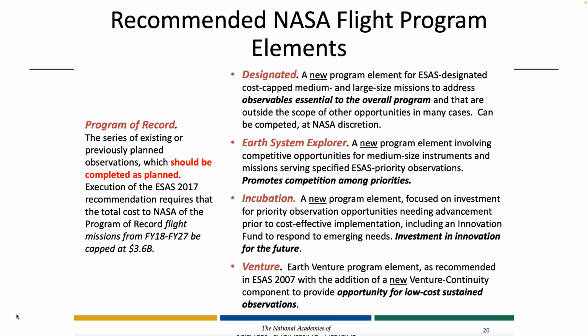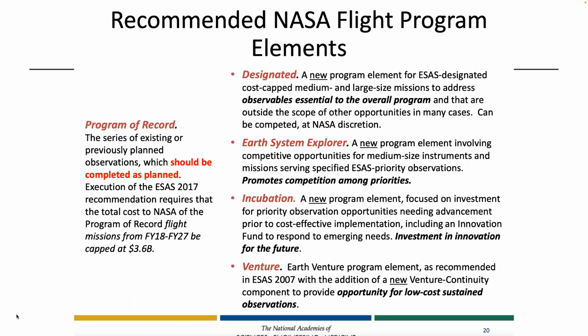Designated is the larger missions that are the highest priority, right? Those are already getting funded. That's going to happen. We have the Explorer class, which is this element where there are competitive opportunities for these medium-sized instruments. So designated, and Sheldon can probably correct me if I'm wrong, but I think designated is $1 billion, $2 billion, kind of that range.